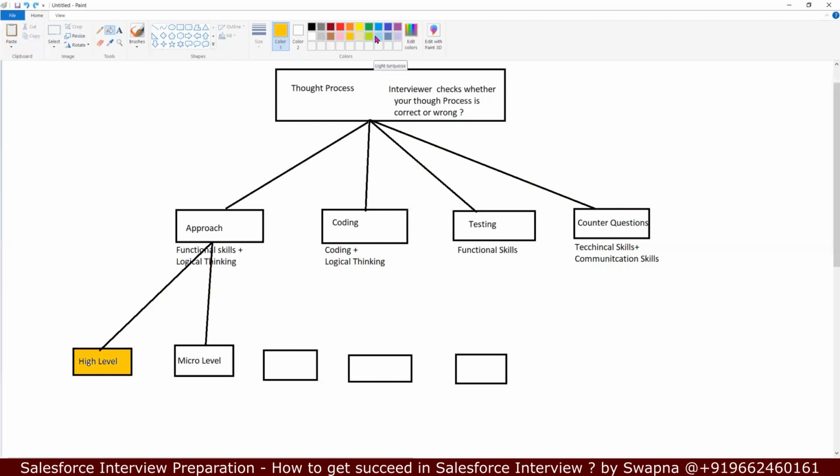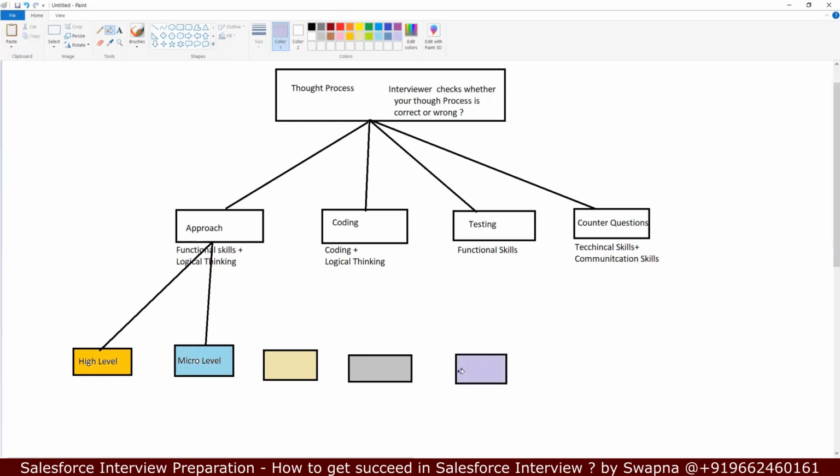But at the micro level, what is the lead stage process? What are the different steps we have in the lead, and when should it convert into the opportunity? Once it is converted to the opportunity, what should we do on the lead level?